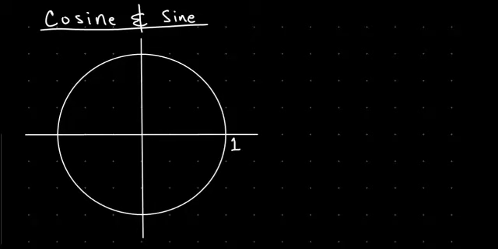We should know now, for example, if I have an angle of 60 degrees, that is a radian measure of pi over 3 radians.